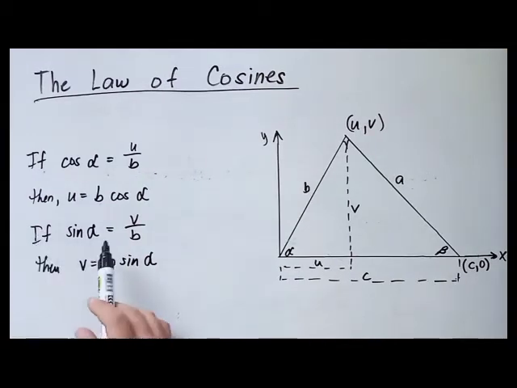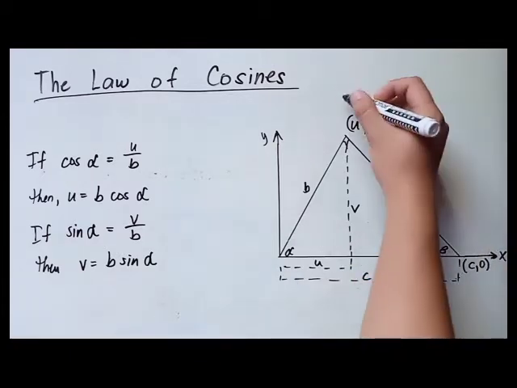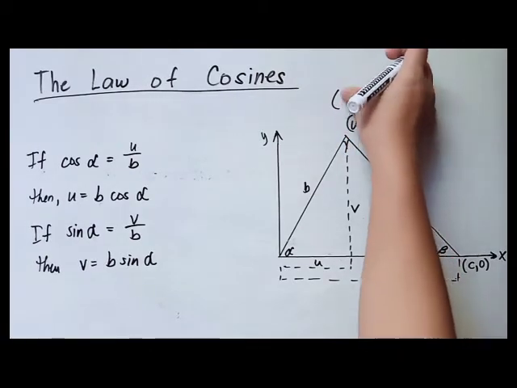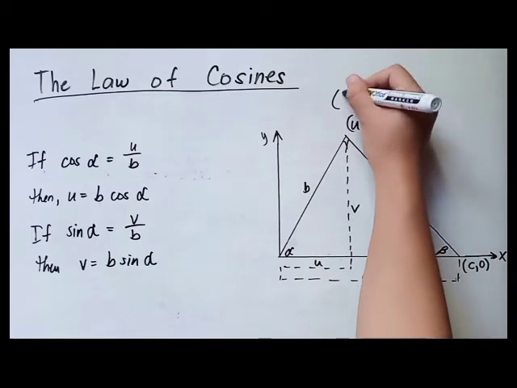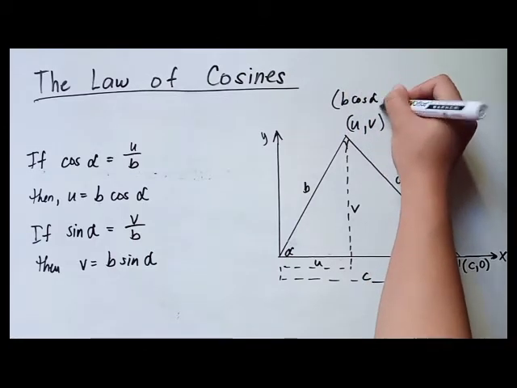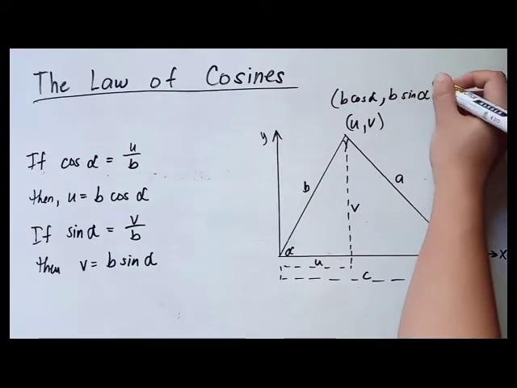So if u is equal to b cosine alpha and v is equal to b sine alpha, then the coordinates of the vertex at gamma are (b cosine alpha, b sine alpha).